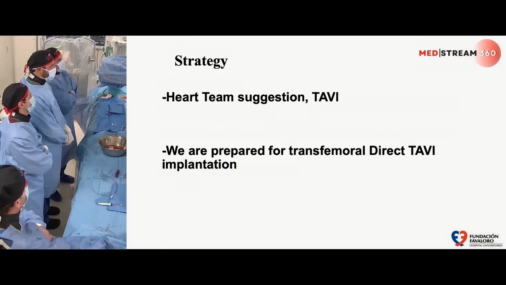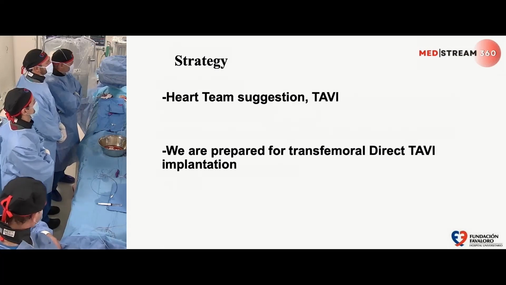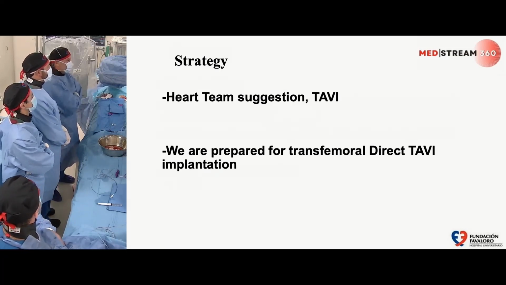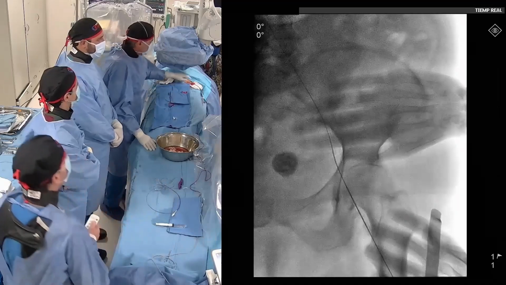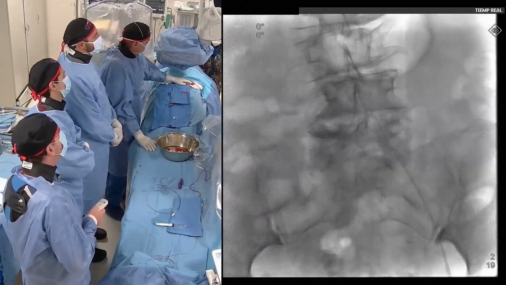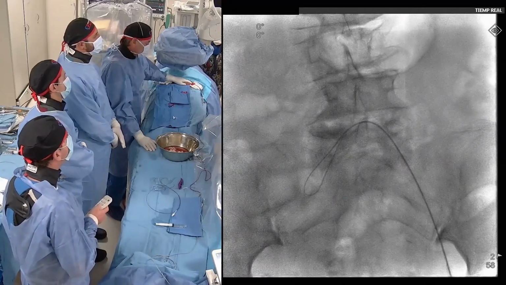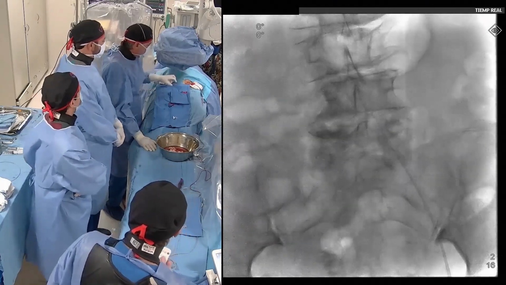Next. So in our plan, we have prepared the patient for a transfemoral and direct implantation because, as I showed you before, there is no significant calcification in these valves. As you can observe here, probably if you do some zoom here, we have a femoral access in the left femoral artery, which was very difficult because she is too obese.